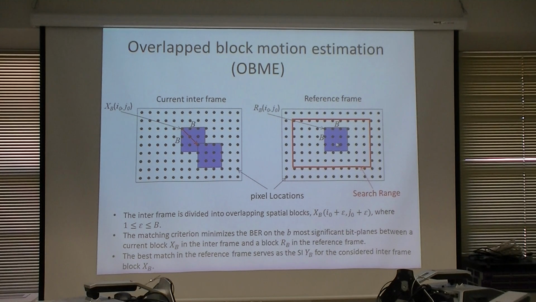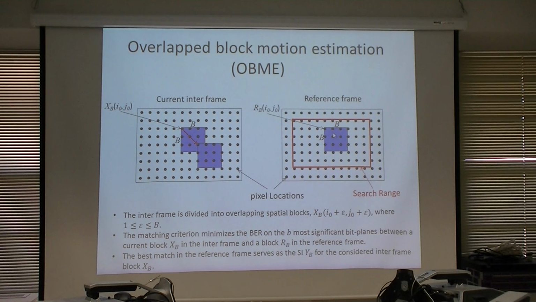So for each block, you can find a match block in the reference frame. Then in the following, I will talk about how to deal with the number of overlapping blocks in the reference frame.